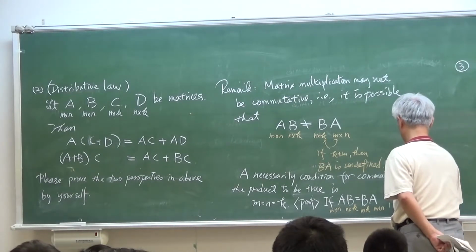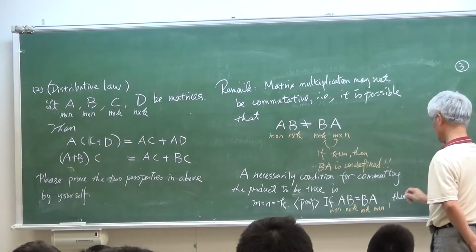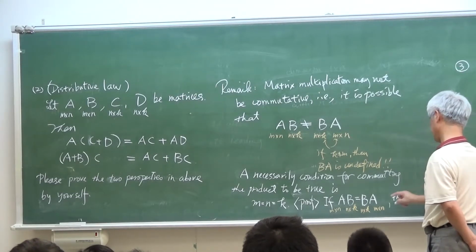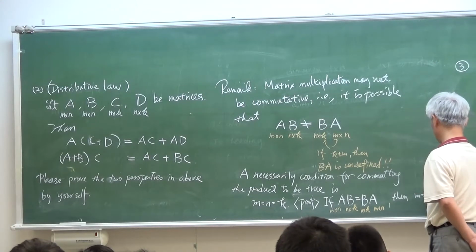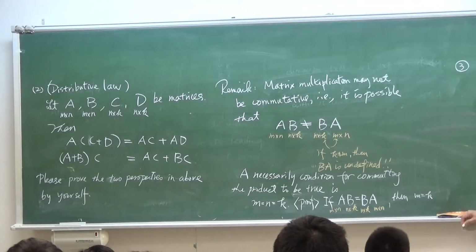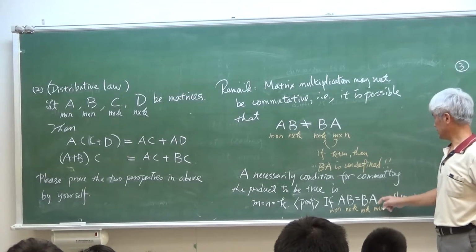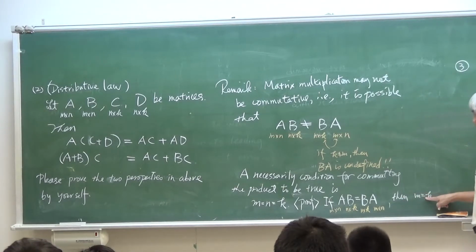Then we are forced to have m equal to k, otherwise BA is undefined. So m equals k.